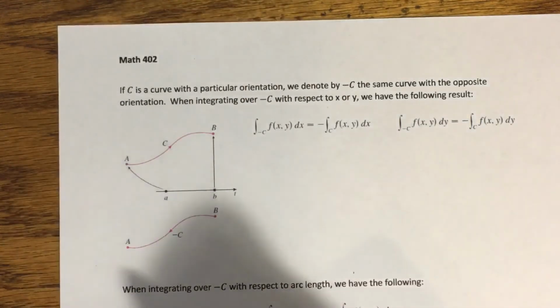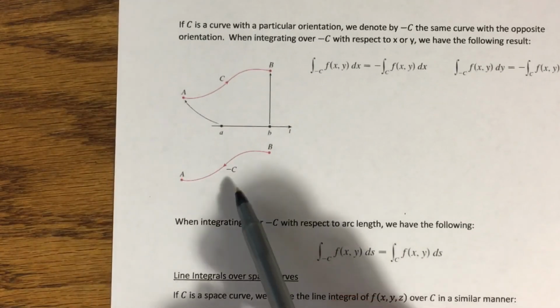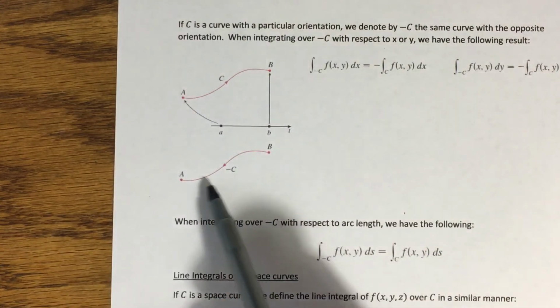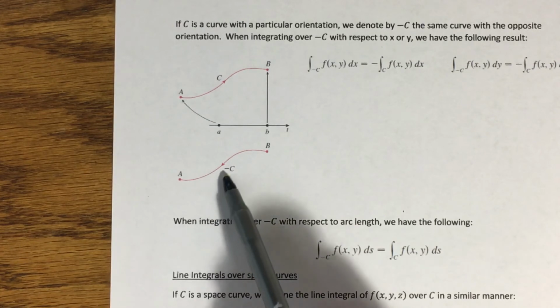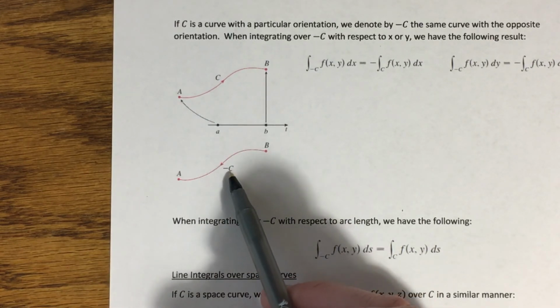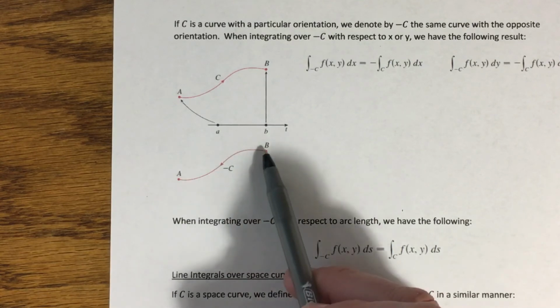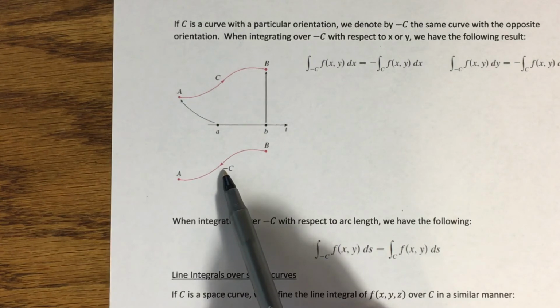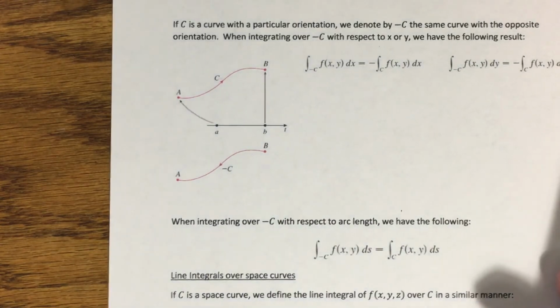If you reverse the orientation of a curve, so the same curve C is drawn again here, but the arrow is pointing the opposite direction. So that means as t increases, for the parametric equations that would define this curve, we would be going this direction instead of this direction. We notate that by negative C. That just means the opposite orientation for that curve.